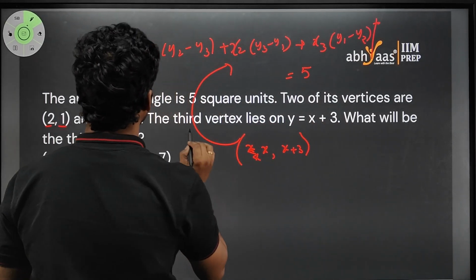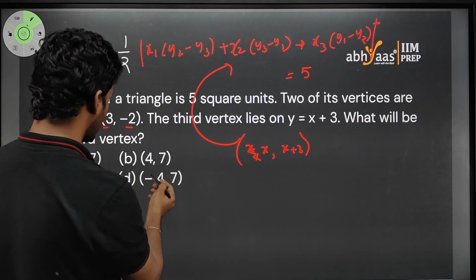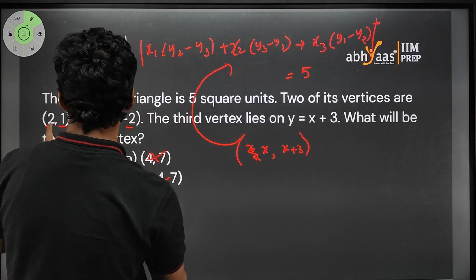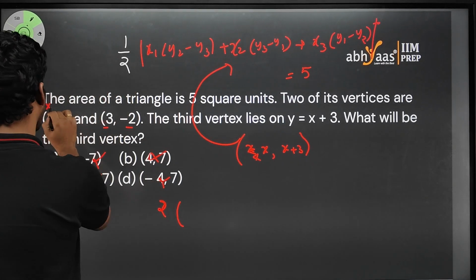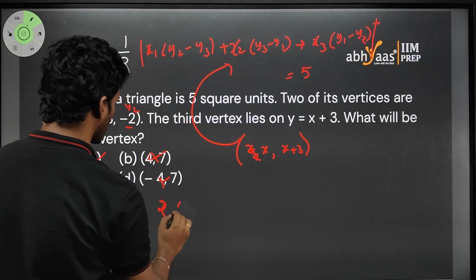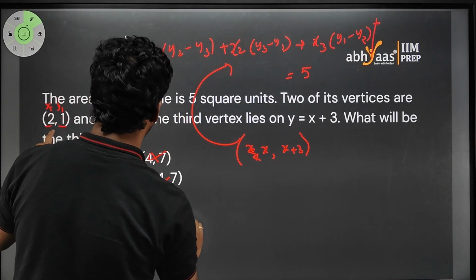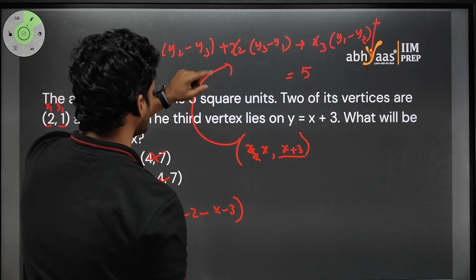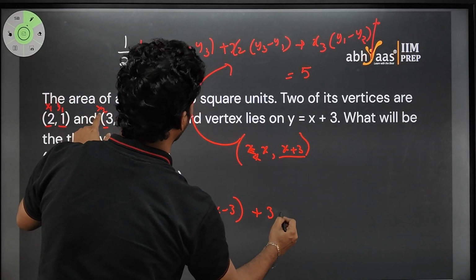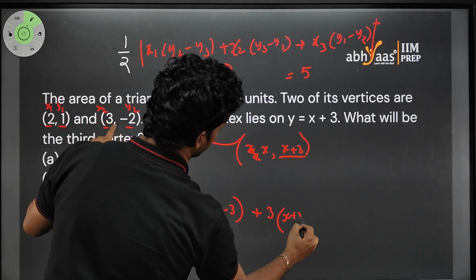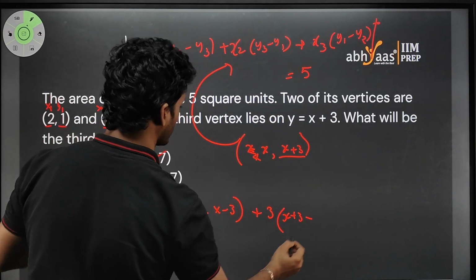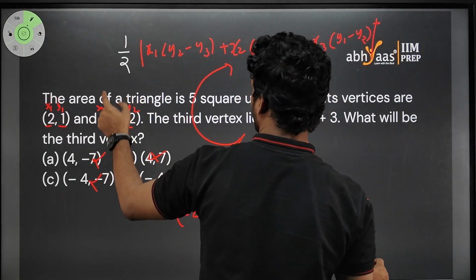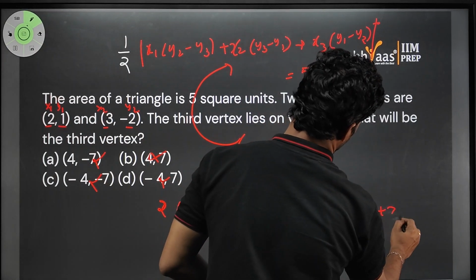I prefer not to go through any options, because the given answers were wrong here. So applying directly, let it be x1 y1, x2 y2: x1 is 2, of minus 2 minus x minus 3, because I have taken this directly as y3, plus x2, that is 3, of y3 minus y1, that is x plus 3 minus 1, plus x3, that is x, of y1 minus y2, 1 plus 2.